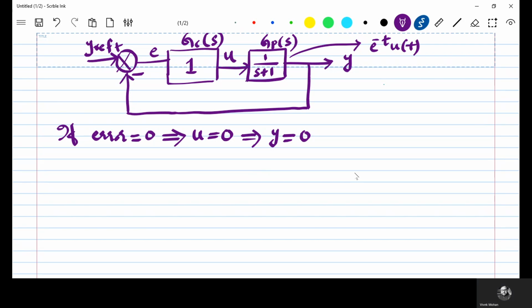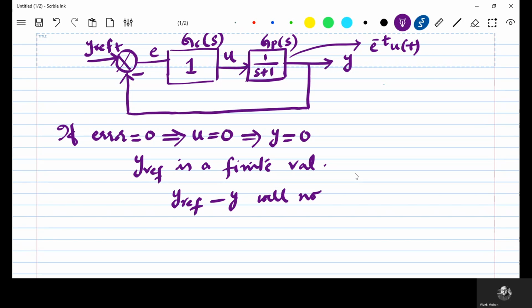Now, yref minus y. Yref is a finite value, right? So yref minus y will not be 0.